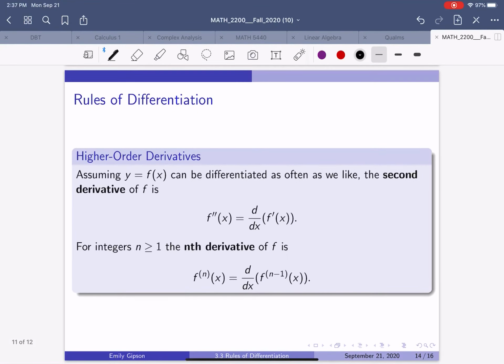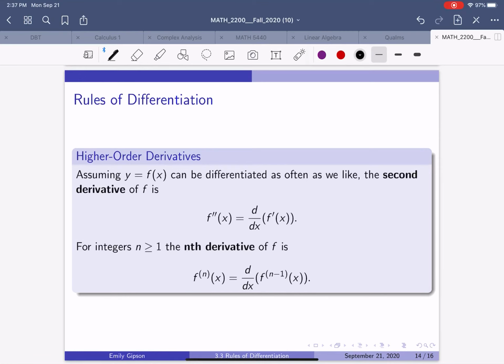And finally, we can always take a higher order derivative. If we assume that the function y equals f of x can be differentiated as often as we like, the second derivative of f is f double prime of x equals d dx of f prime of x. So you take the first derivative, and then you take another derivative to get the second derivative. And in fact, we can do this as many times as we want to.